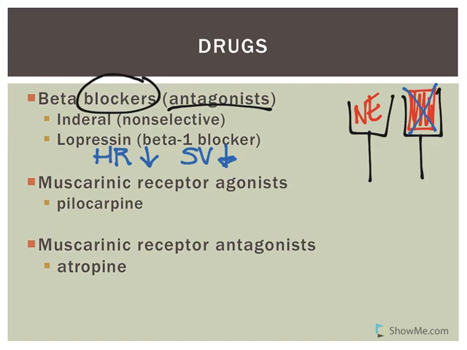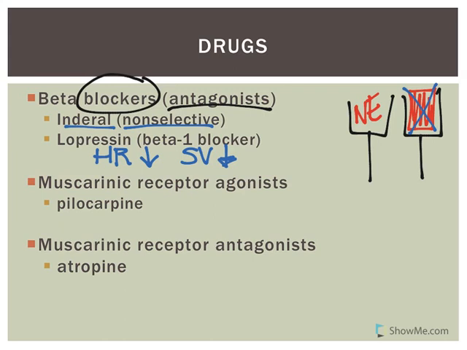Now, we do have some non-selective beta blockers like Inderal. Well, that means it can bind to, say, the beta-1 as well as the beta-2 receptor. And where that could become a problem, it's often given for the same reasons as Lopressor is given to people, because often it's used to regulate blood pressure.